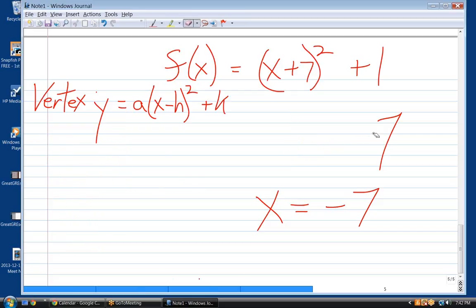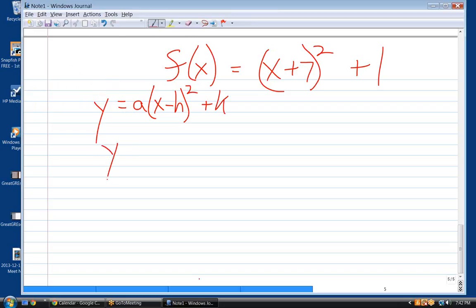If you know all the formats, the only other key format for a quadratic is the x-intercept format, which is this, where p and q are the x-intercepts.